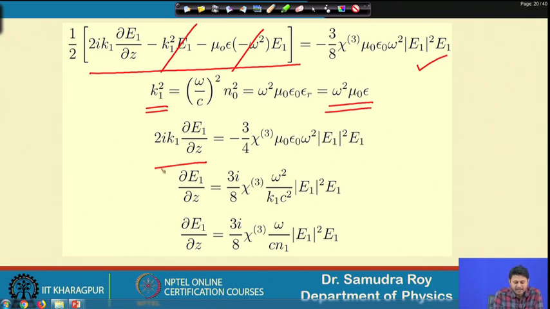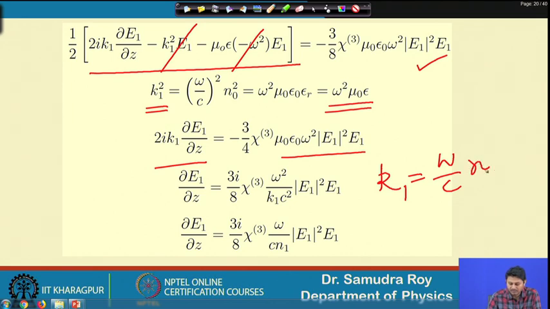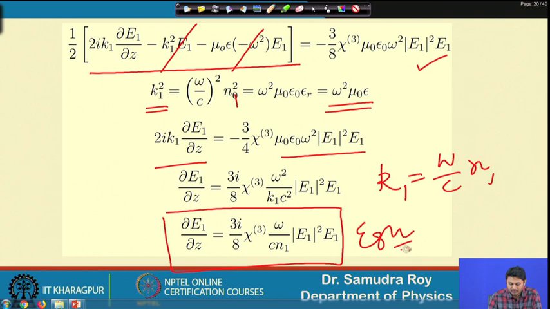So, then we will have 2 i k and these things in the right hand side, and then if I put this 2 k i in the denominator and just put the value of k1 as omega by c into n1 here. I put n0, it should be n1, because in my notation it is now n1 anyway. So, it will be simply this quantity. So, this is the equation for self phase modulation, SPM.